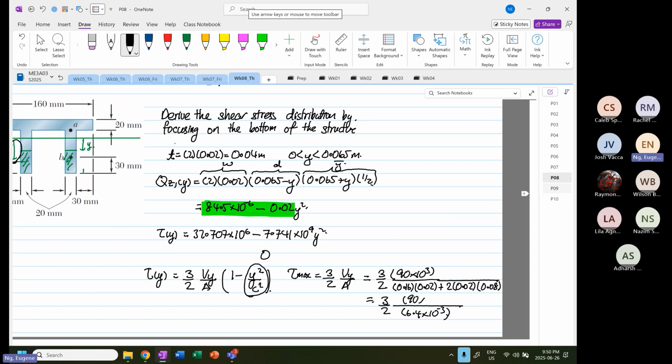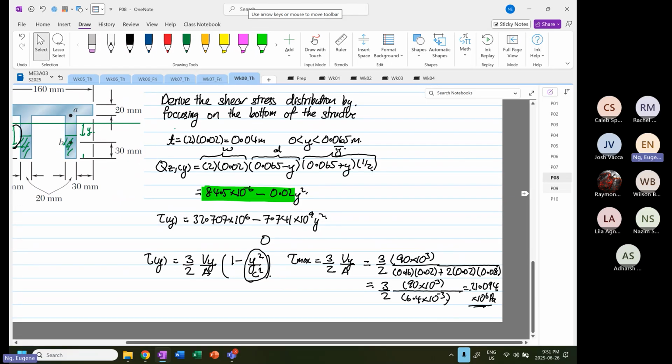This is 90 times 10 to the power 3. So this will be equal to 90 to the power 3 times 3 divided by 2 divided by 6.4 to the power minus 3 is equal to 21.094, okay, times 10 to the power 6 Pascal.